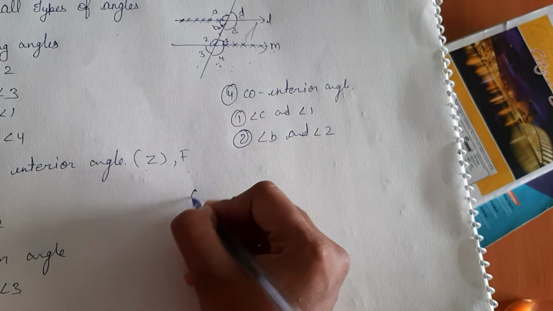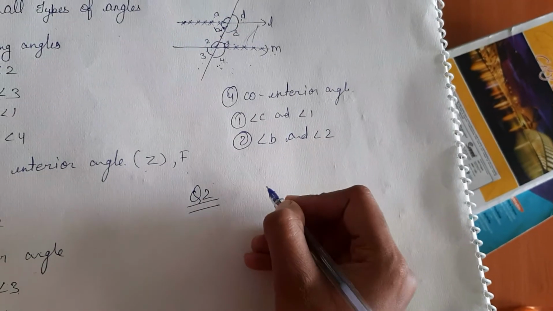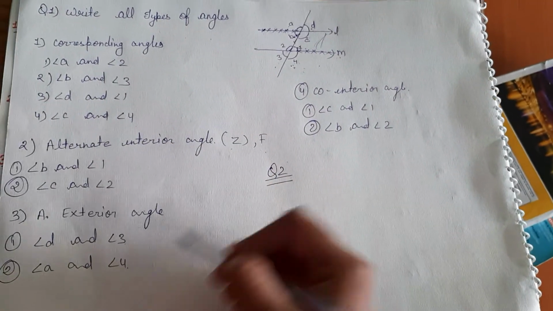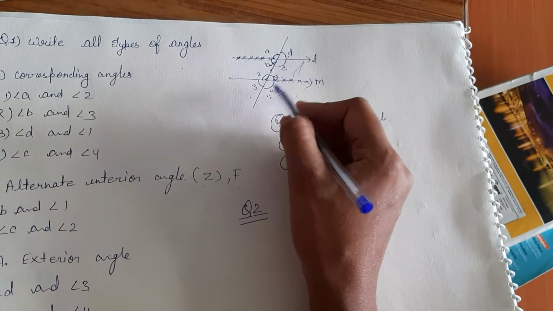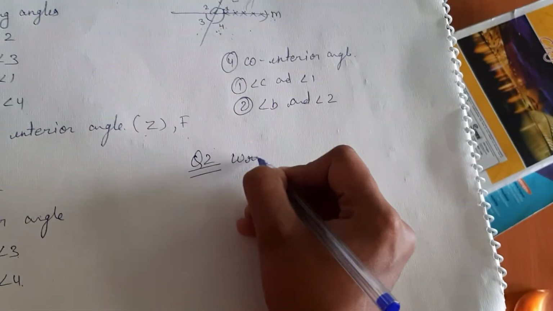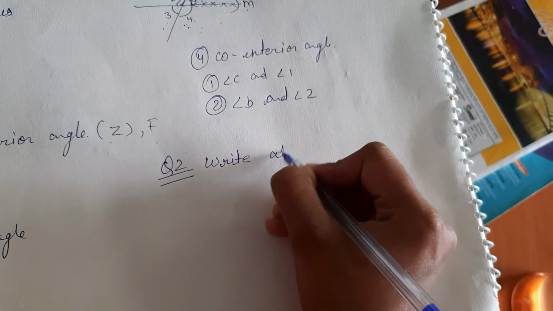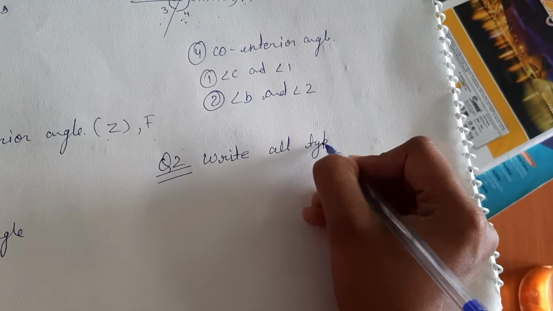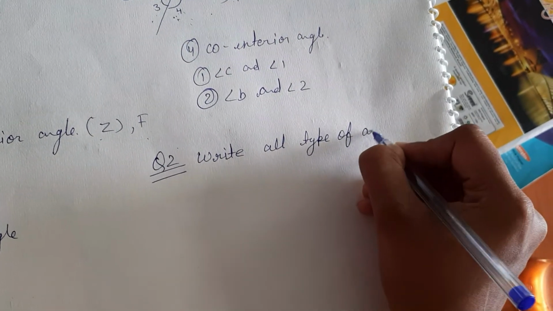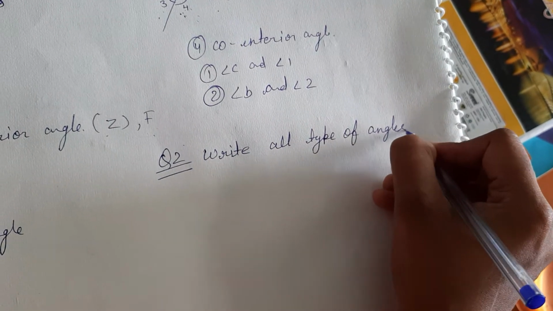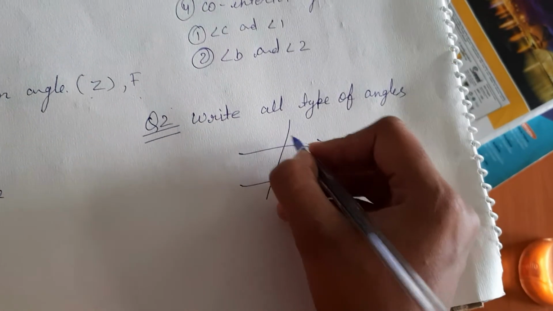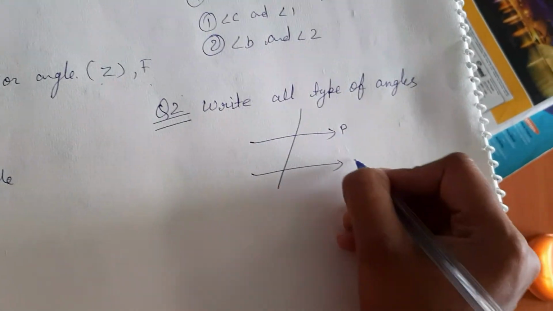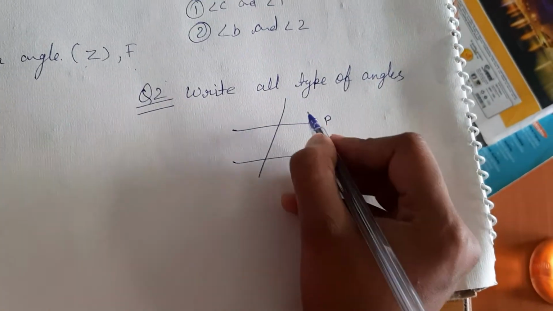Here I am giving you question number 2. This is the homework. You have to note down these types of angles in your copy, same as the picture I am giving you, but the angle names I will change. Write all types of angles. Here is the picture. The naming is: these are the transversal lines and this is the parallel line.